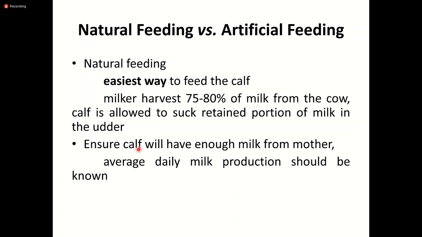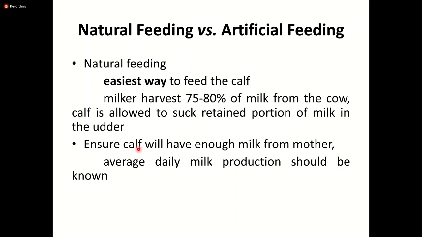So when we feed these animals with milk, there are several ways, right? One is called natural feeding. Natural feeding means we let the young animals be with the mom. But the thing is, as I mentioned previously, we cannot assure these animals are getting the minimum requirement of milk during a particular day from their mom.